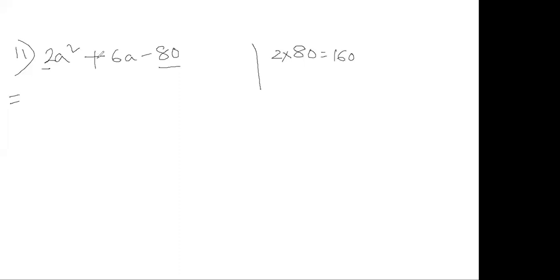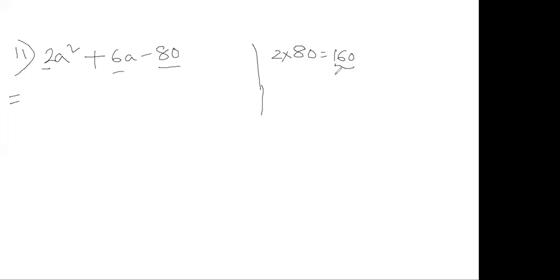Now we need to match, since there is a plus and there is a minus over here, so we need to find two factors of what number? 160. We need to find two factors of 160, so that if we subtract the two factors we get 6, the middle term.